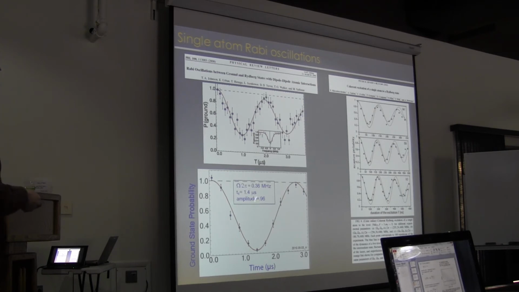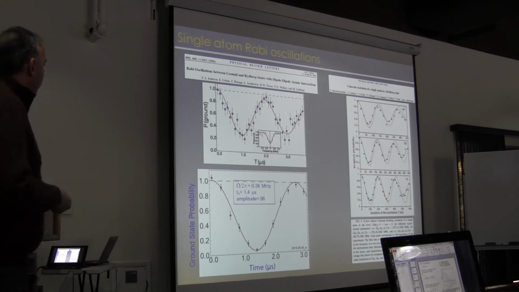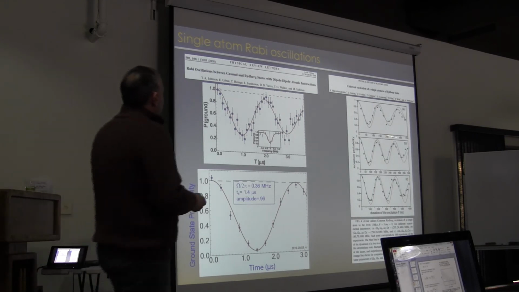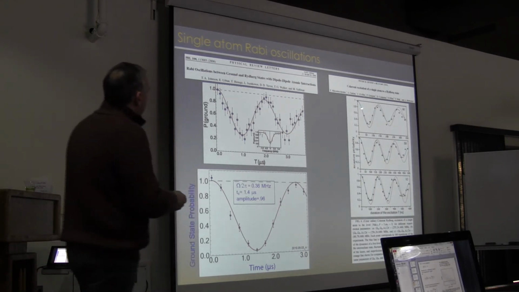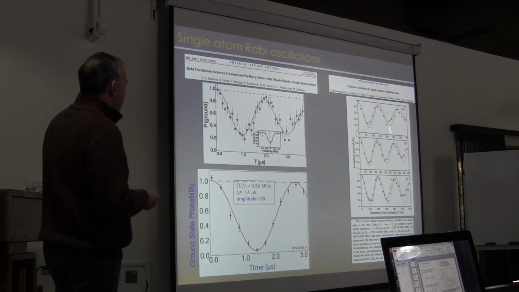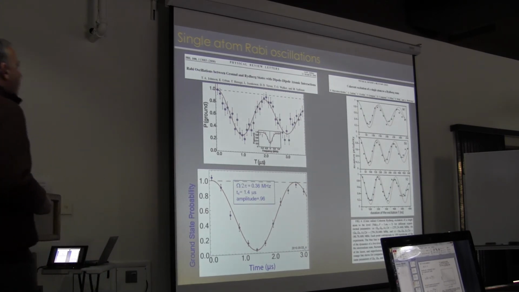And in more recent data from a couple years ago, if you tweak everything up, you really can do coherent oscillations from the ground state to the Rydberg state and back with amplitudes above 95%. So this is for a single atom, and this is corresponding work from the Browaeys group, also with single atoms, from the ground state to Rydberg and back for several different conditions.